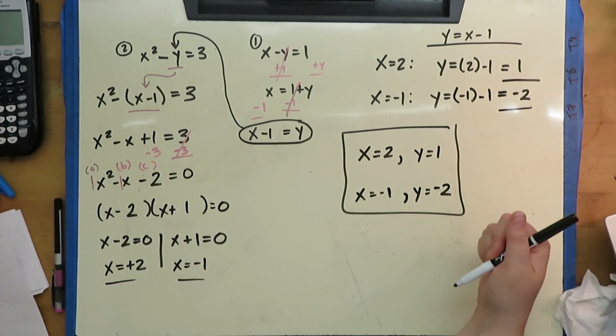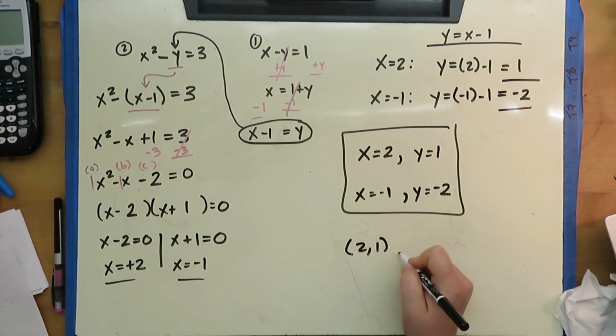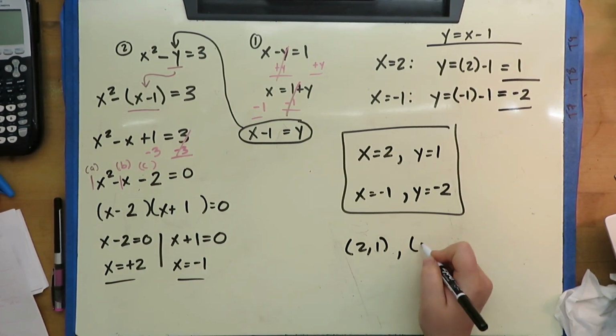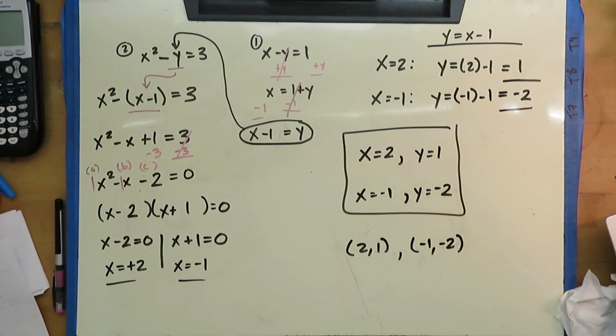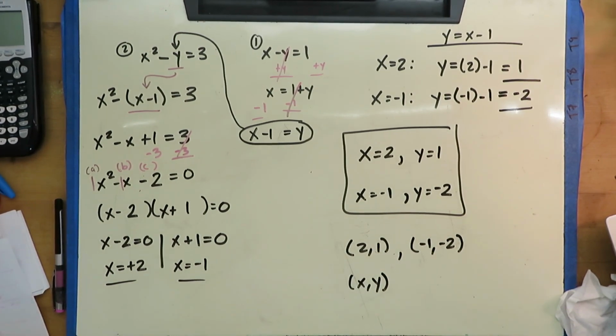What I don't want you to do, and this is the way they have you do it in math, is you do 2 comma 1 and you do like negative 1 comma negative 2. The reason you shouldn't do this is because when we're working in physics, we're not working with x and y. So if you define, hey, this is x and y, and then you do a set notation, then that's probably okay.